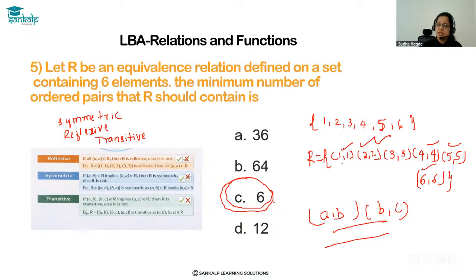If it satisfies the symmetric condition and includes only those elements, then it is symmetric and transitive also. Therefore, if it satisfies the reflexive condition, that is enough, the minimum number. Therefore, option C, 6 is the correct answer. Thank you.